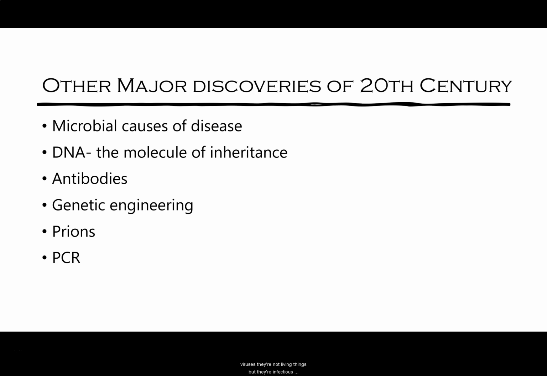They are not living things, but they're infectious proteins. So they're pretty interesting. And then another very important discovery of the 20th century is PCR, the polymerase chain reaction, that really revolutionized the way that we study DNA and we diagnose diseases. And we're going to talk a little bit more about PCR as we go throughout the semester.